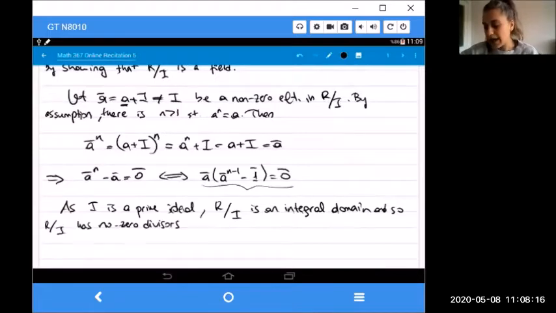We have two elements, a bar and this term here. The product of these two is equal to 0 bar, right?